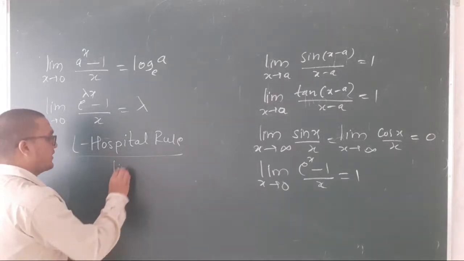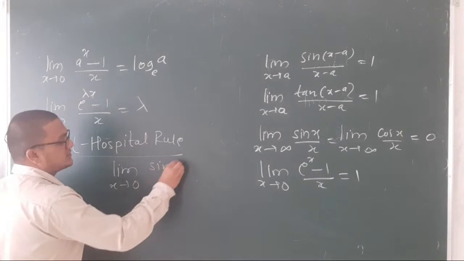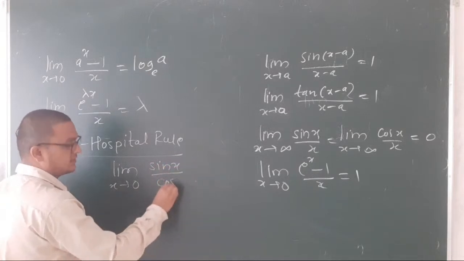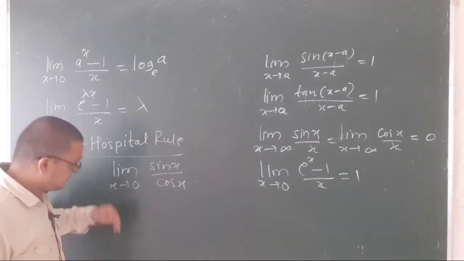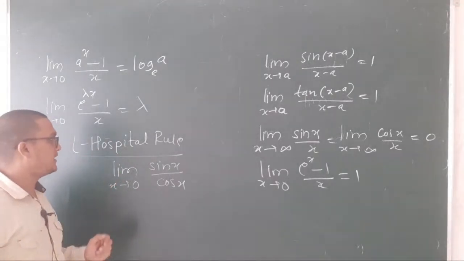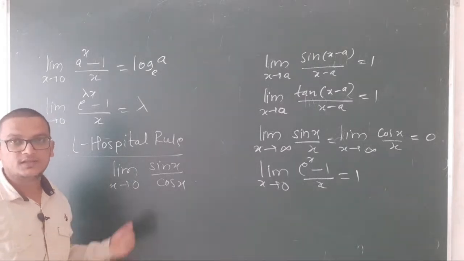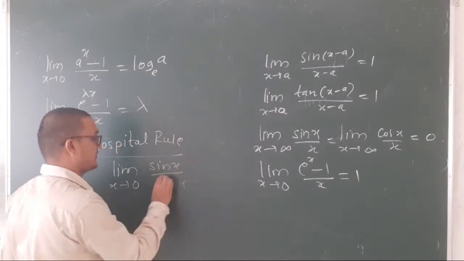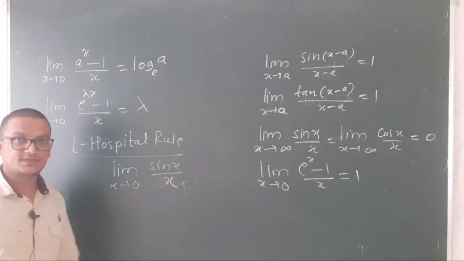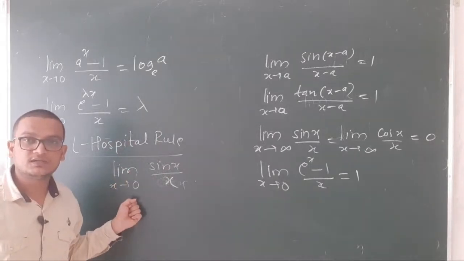For example, limit x tends to 0, sin x upon cos x. Otherwise, let me take this sin x upon x. Now for such functions we use the L-Hospital rule.